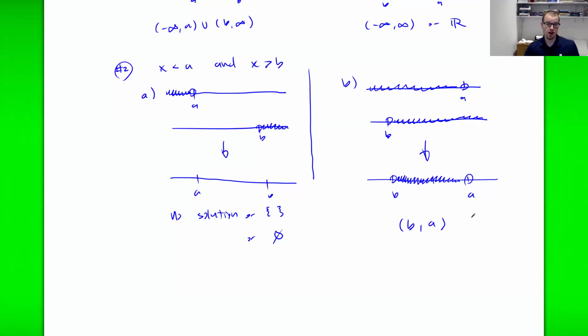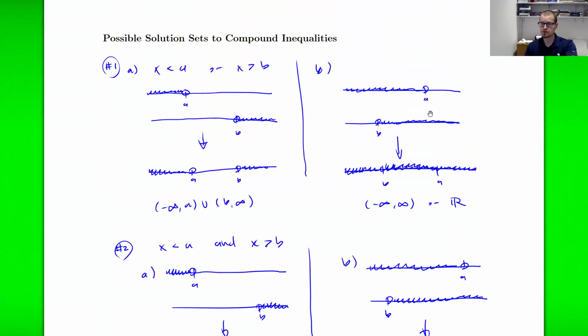Okay, so those are the 4 possibilities for what our solution sets might look like for compound inequalities, right? Again, if you weren't quite following along there, a compound inequality simply refers to having not one but 2 inequalities that are being satisfied, and they're being joined with either an or statement or an and statement.